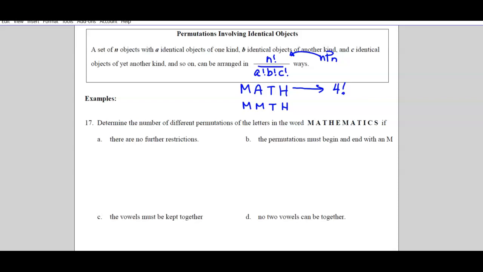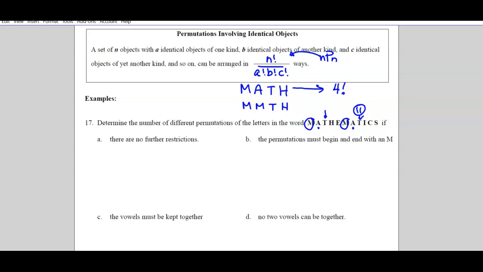Mathematics, so count them up. 1, 2, 3, 4, 5, 6, 7, 8, 9, 10, 11. Notice that there's repeats. So M repeats, A repeats, T repeats, and that's it. Okay? So we're using all of the letters. And for these questions with repeats, we will always use all the letters.